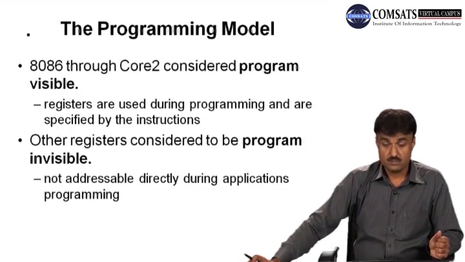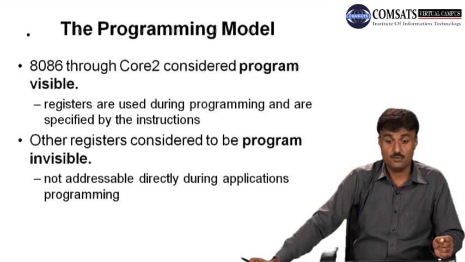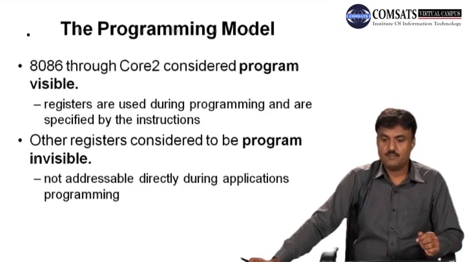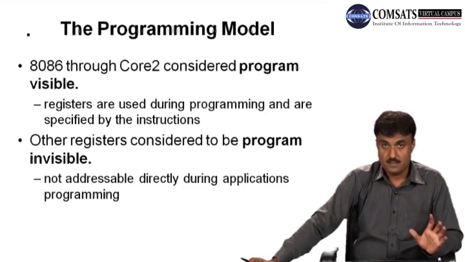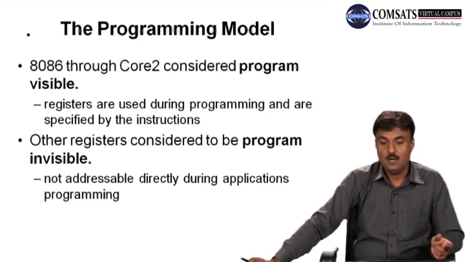The programming model from the 8086 through the Core 2 or Quad Core, or all the newer architectures, considers one part program visible and another part program invisible.